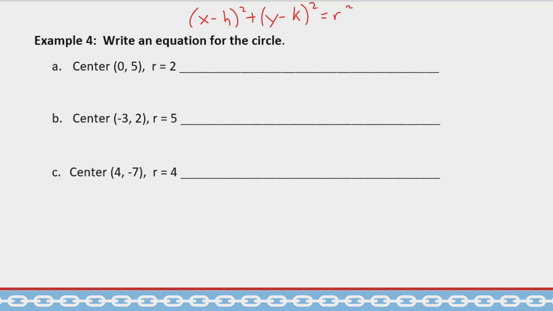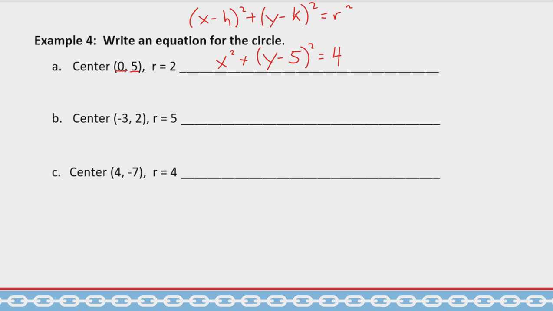Right, so here I have an h value of 0, so it would be x minus 0, or just x squared. I have a k value then of 5, so it's going to be y minus 5 squared equals radius squared, and 2 squared is 4.